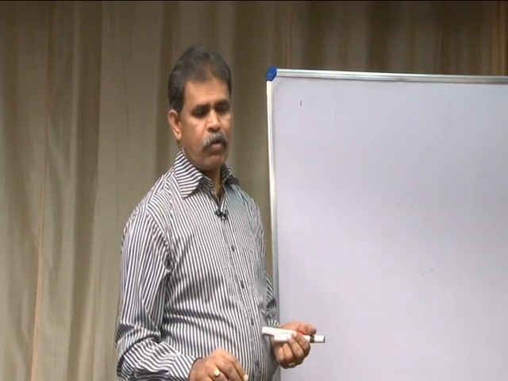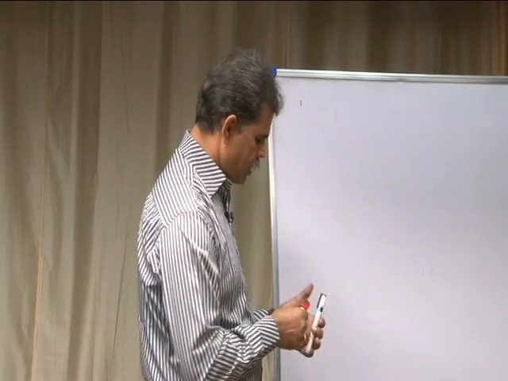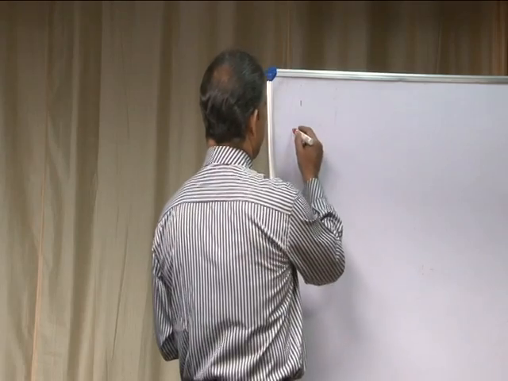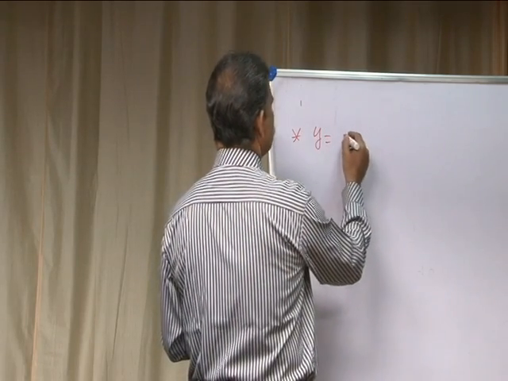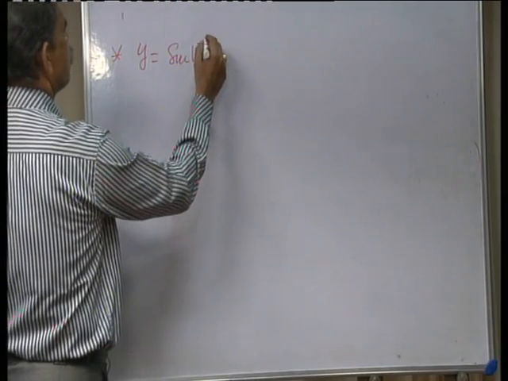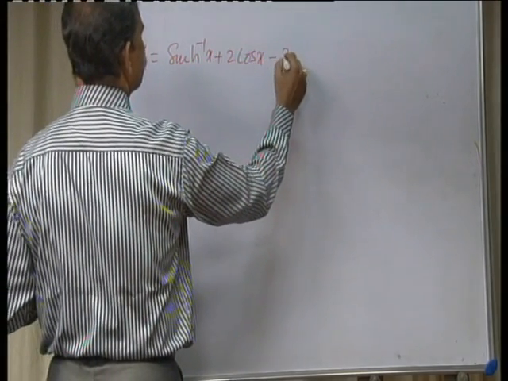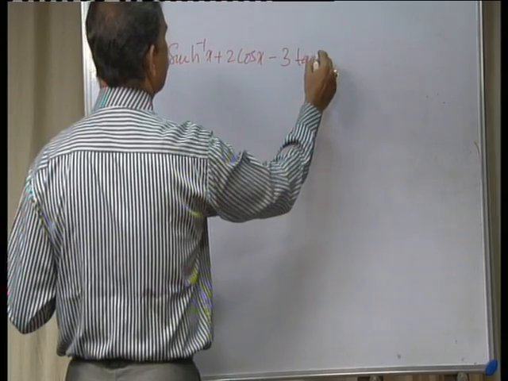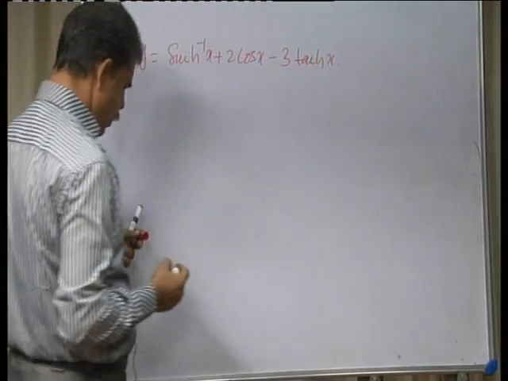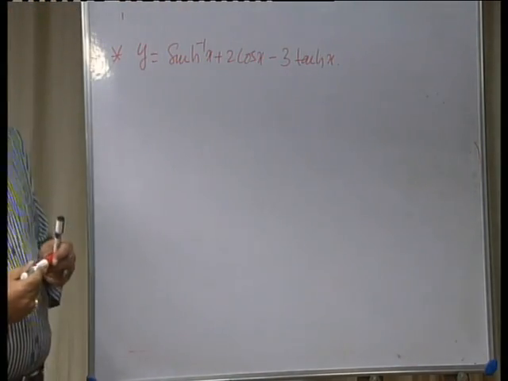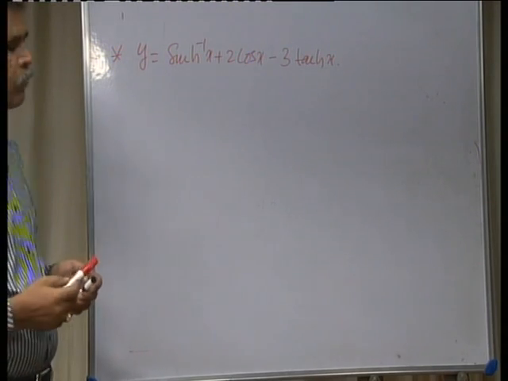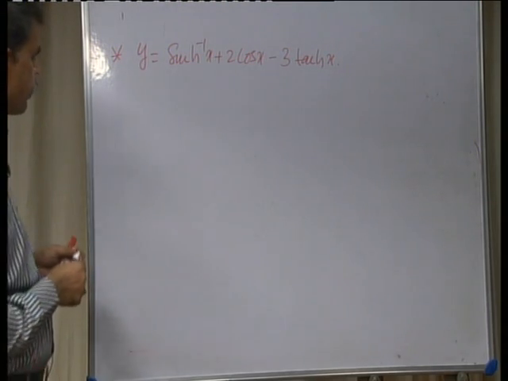I will show one or two examples. Take y is equal to sinh inverse x plus 2 cos x minus 3 tanh x. Sometimes hyperbolic functions may be included along with trigonometric and algebraic functions.